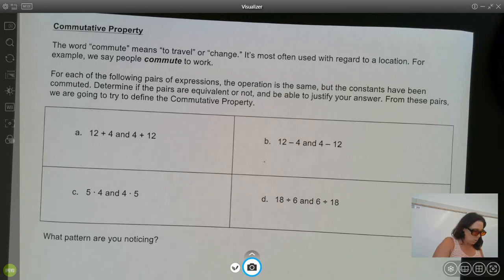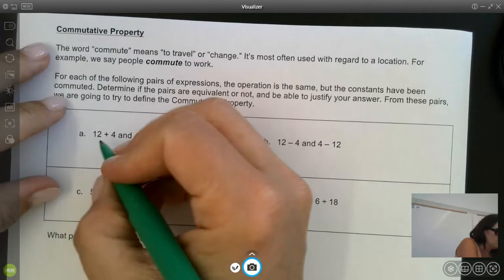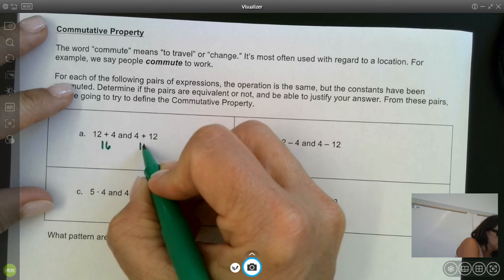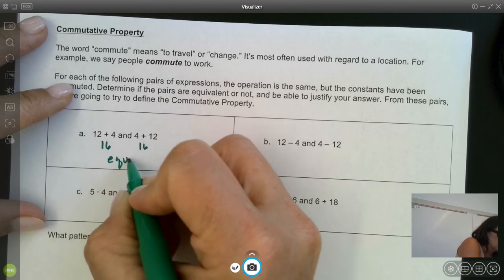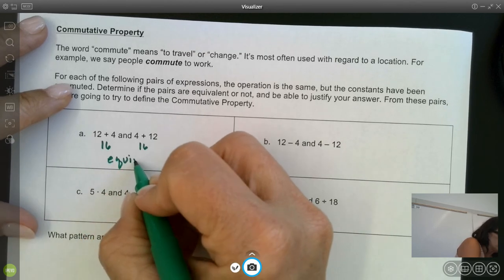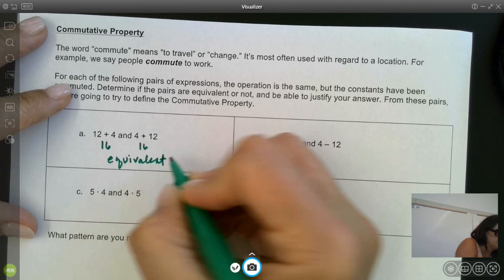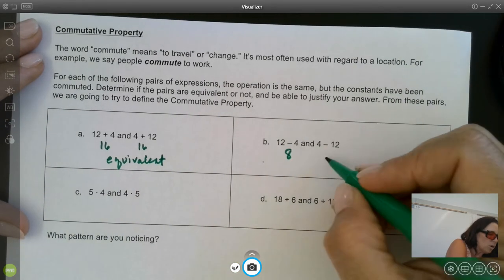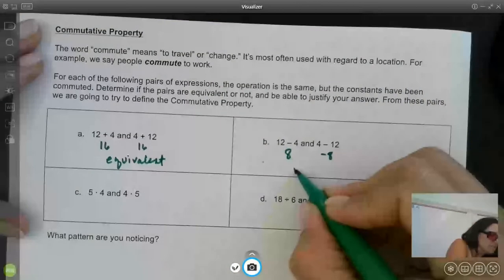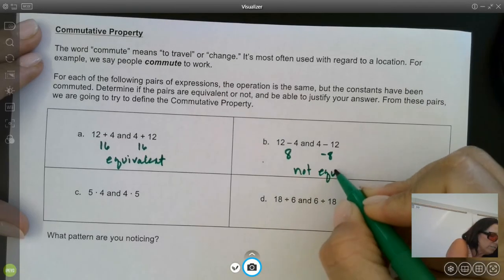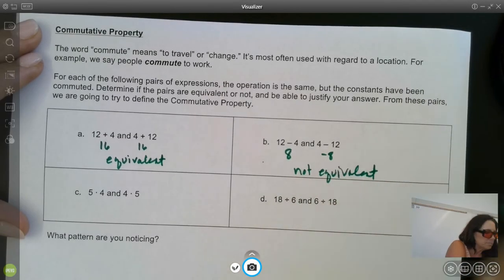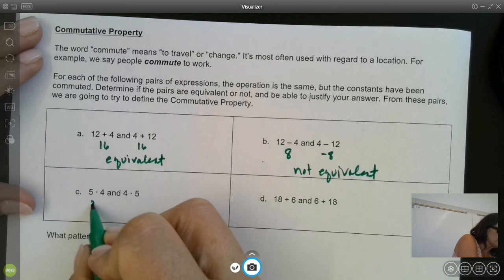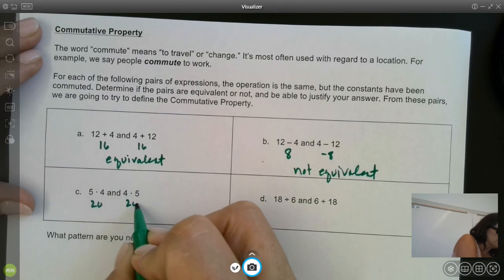All right, 12 plus 4 is 16, and 4 plus 12 is 16. These are equivalent. 12 minus 4 is 8. 4 minus 12 is -8. These are not equivalent. 5 times 4 is 20, and 4 times 5 is 20.